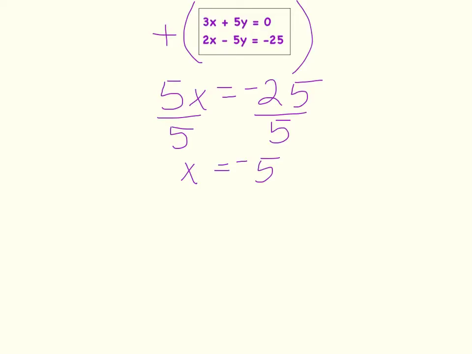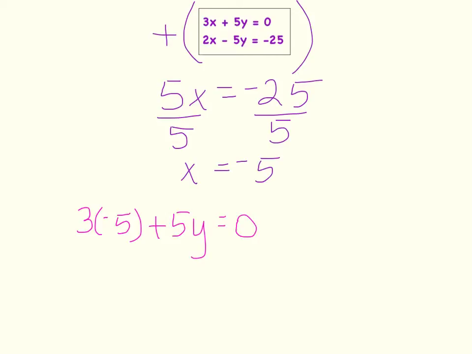Now all we have to do is substitute this negative 5 for an x value in either one of the equations so that we can solve for y. I'm going to pick the first one. You don't have to. I could pick the second equation, but I'm going to pick the first one. So instead of 3 times x, it's 3 times negative 5, plus 5y equals 0.